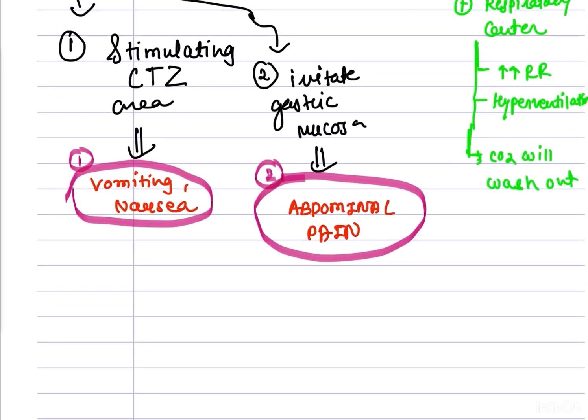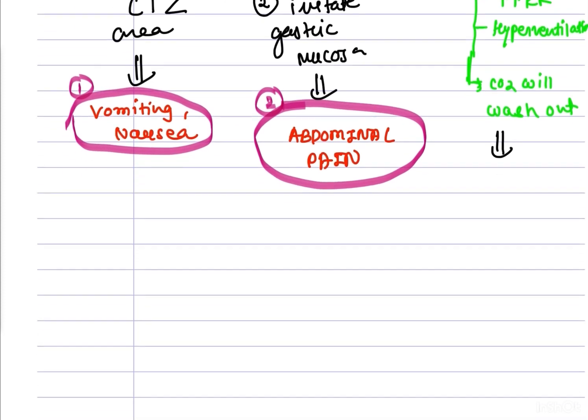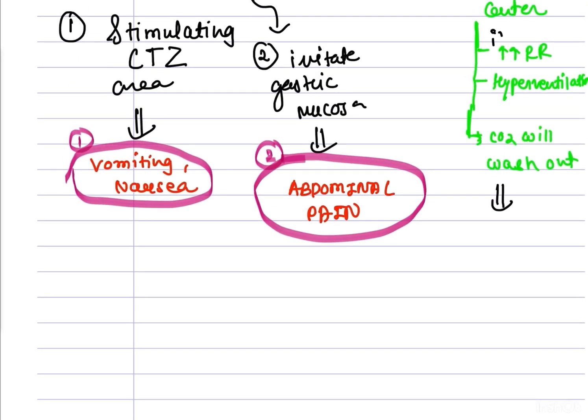So all these three, what will be the result? There is a specific breathing which will have the features of hyperventilation, high respiratory rate, and some sweet fruity smell to the breath.